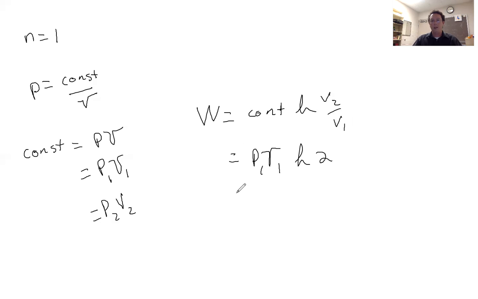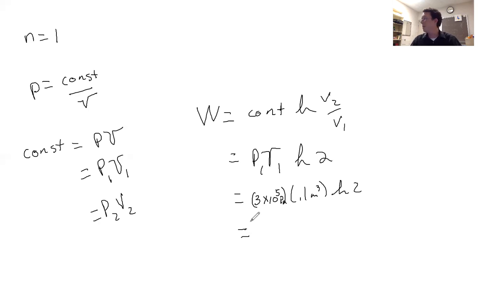And so I can just plug in the numbers I have. 3 times 10 to the 5 is the pressure in Pascal. The volume 1 was 0.1 meter cubed, times the log of 2.